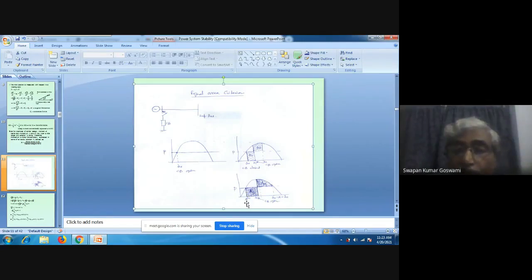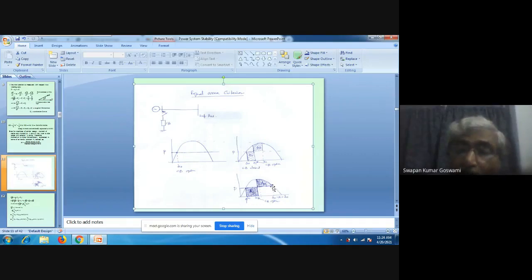That means if you allow A3 to become somewhat higher, then obviously A4 will be reduced from this value. So A4 will require some more area to match A3. But where will this area be obtained? Because after reaching this point, the speed is becoming synchronous, and here A4 is less than A3.